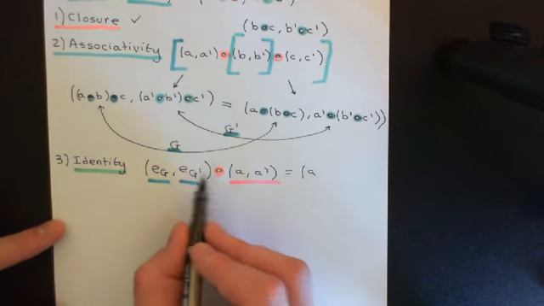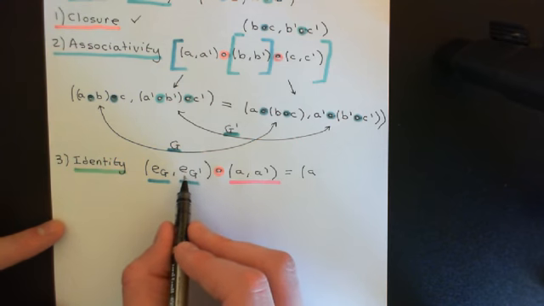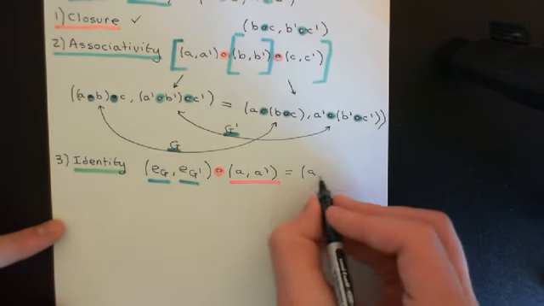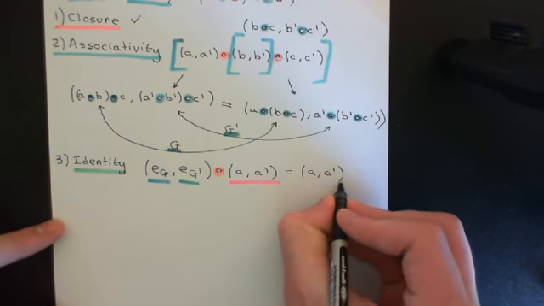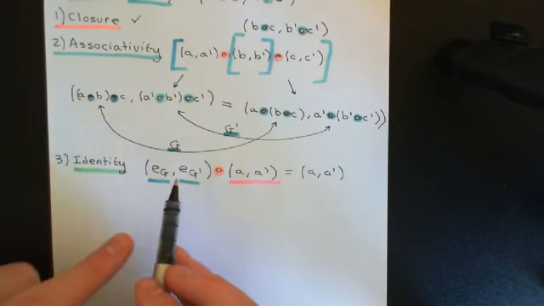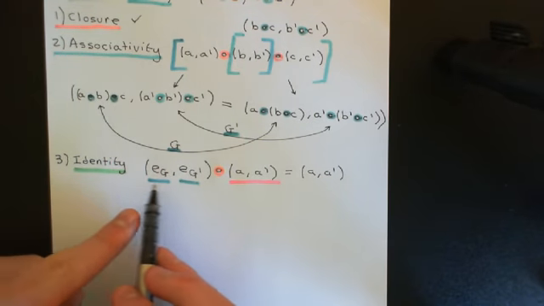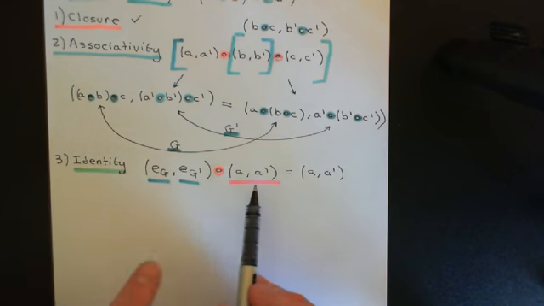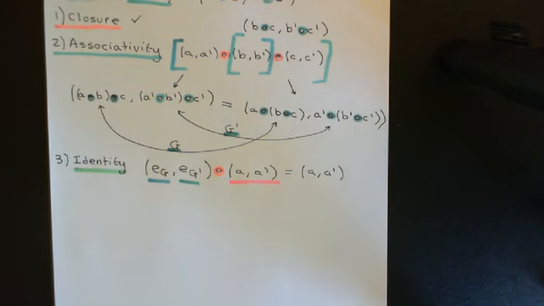And again, for the second component, we'll be multiplying the identity in G prime by A prime, which is an element of G prime. Of course that will just give us A prime back again. So that tells us that this ordered pair of the identity elements from the two groups will compose with this arbitrary other element from our product group to give that arbitrary other element back again.